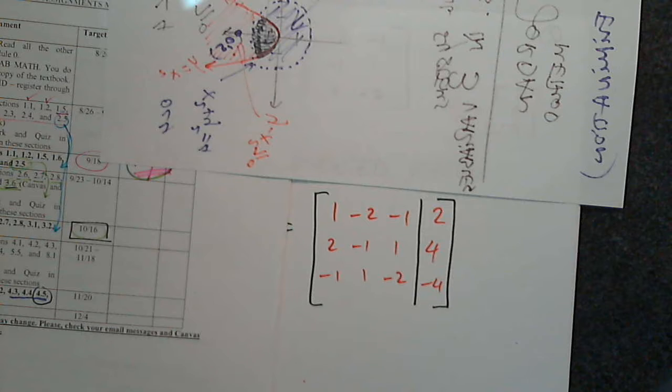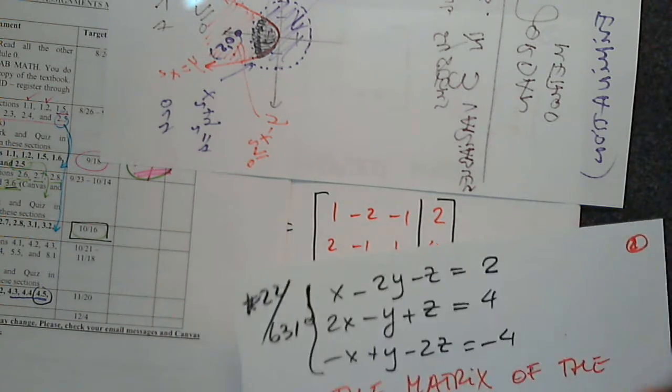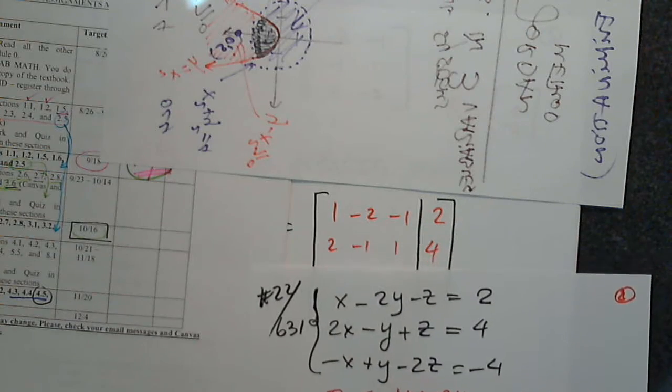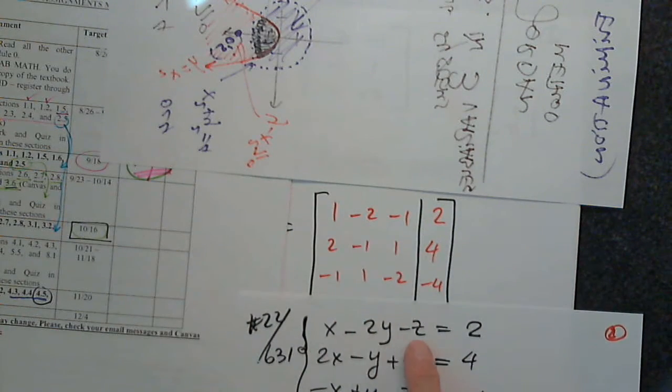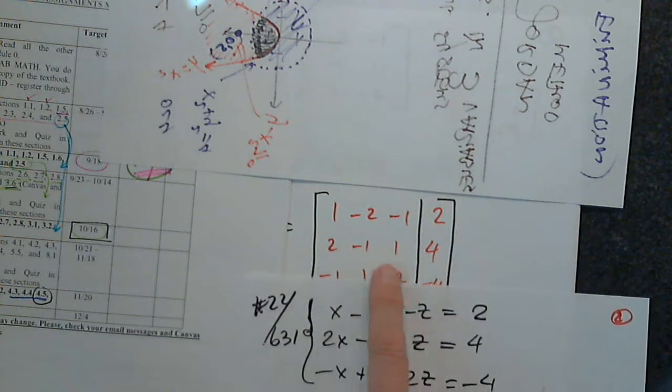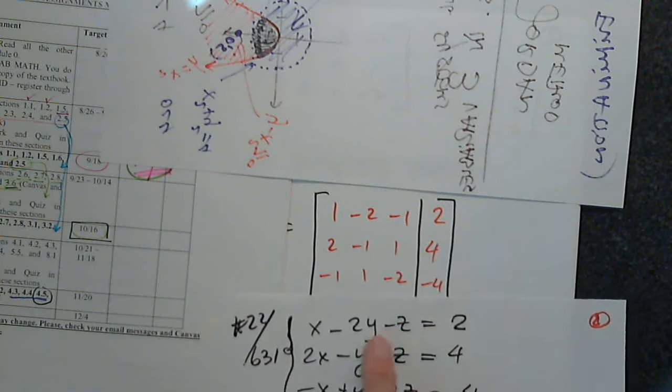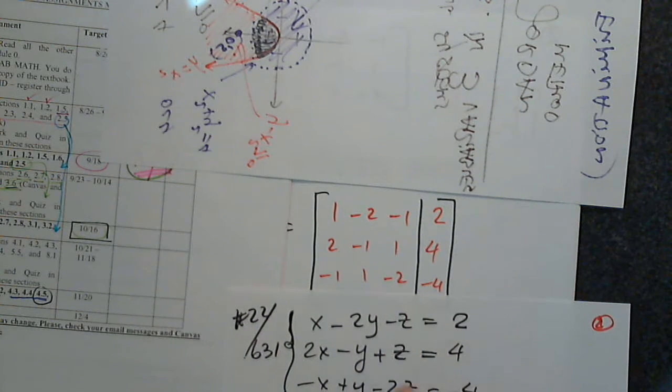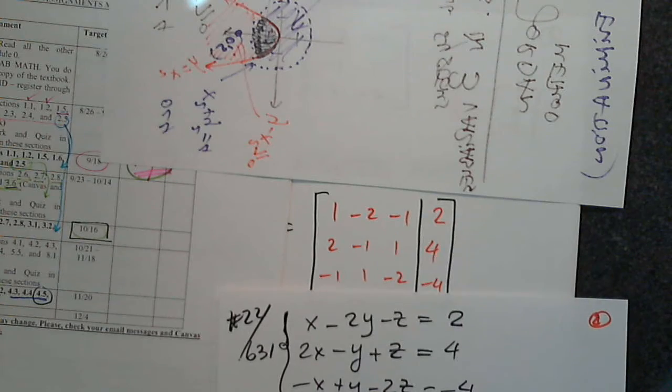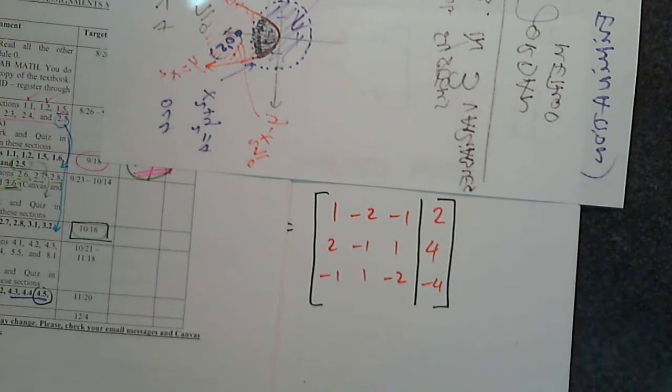It's x minus 2y minus z equals 2. 2x minus y plus z equals 4. And -x plus y minus 2z equals -4. I know what it is. It represents this system. x minus 2y minus z equals 2, 2x minus y plus z equals 4, and -x plus y minus 2z equals -4. Okay?